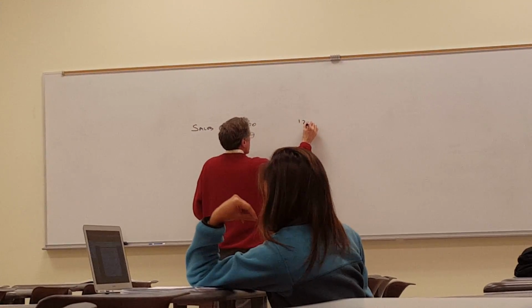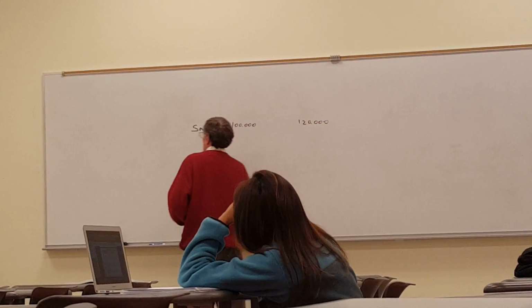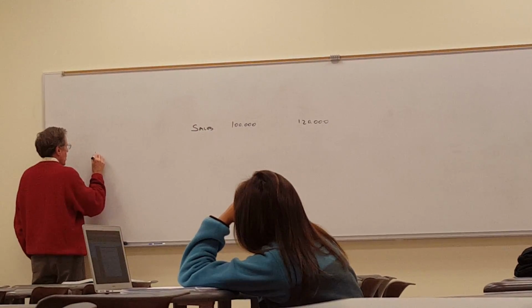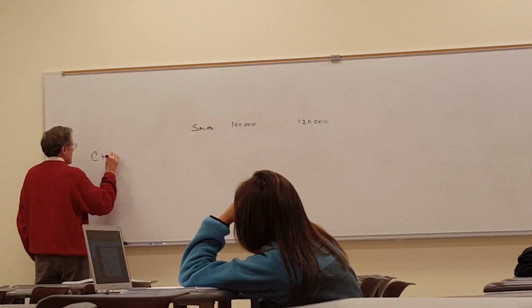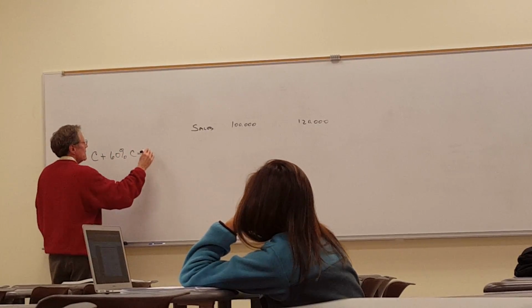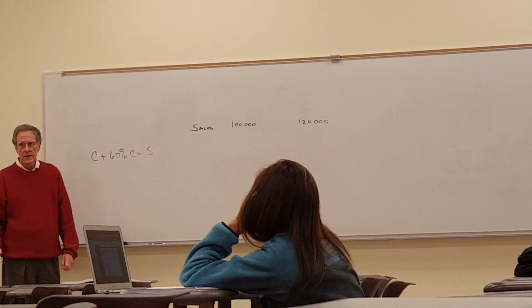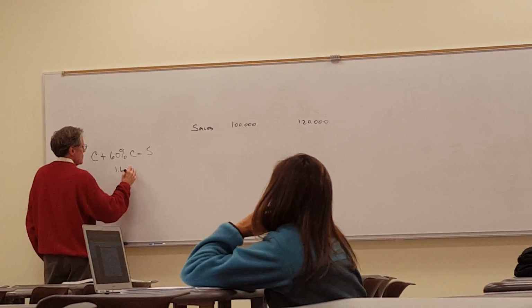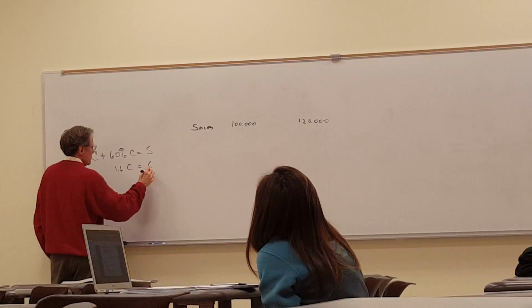Sales in year two is 120,000. They do a 60% markup on cost, so cost plus 60% of cost equals sales price. So that's 1.6 times cost equals sales price.